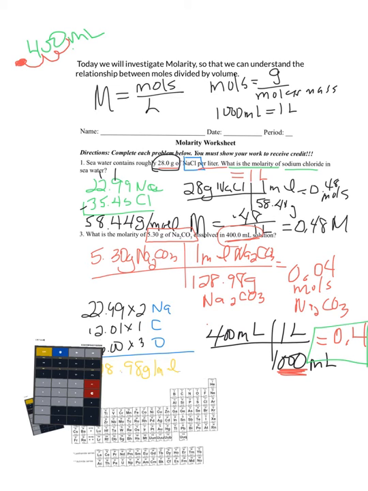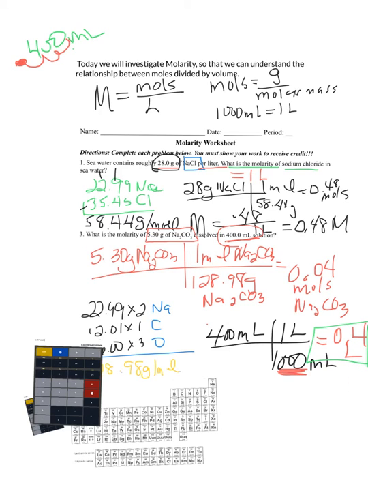This is our volume. 0.4 liters. All right, so recap. We converted our 5.30 grams of sodium carbonate to be 0.04 moles of sodium carbonate. Then we converted our 400 milliliters to being 0.4 liters by moving the decimal over 1, 2, 3. So 0.4 liters.